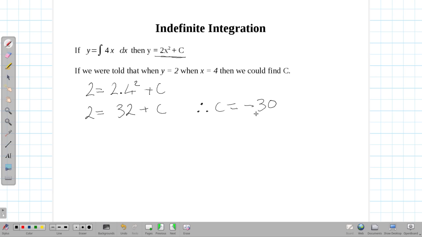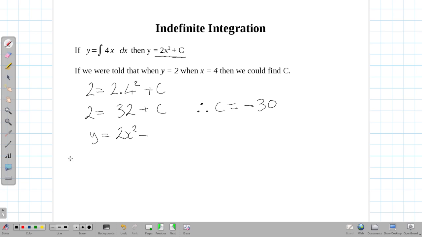Okay, if I put that back into my original formula, we've got y equals 2x squared, and this is minus. We'd start every one with a plus up here because that's the standard, but that plus actually could be a negative.